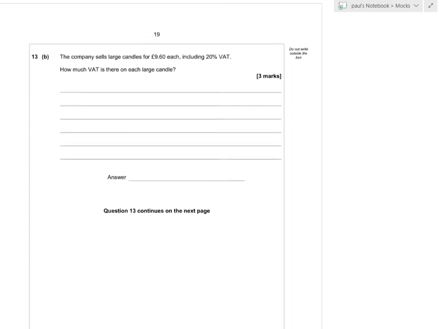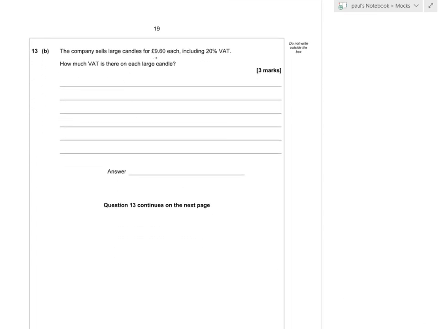Right, the company sells large candles at £9.60 each, including 20% VAT. How much VAT is there on a large candle? Right, so this price represents 120%. So if we divide that by 120 and multiply it by 100, we'll find out the price of the original candle.